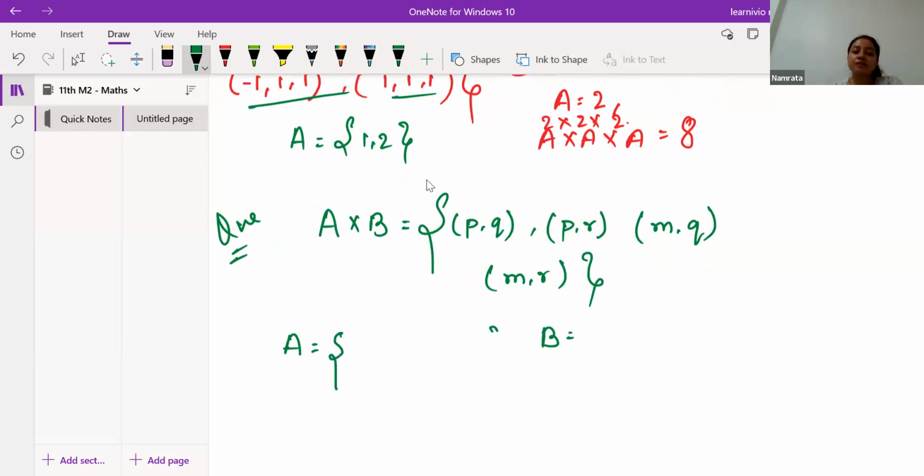Yes. What will be the elements of set A? P and M. What is the element of set B?